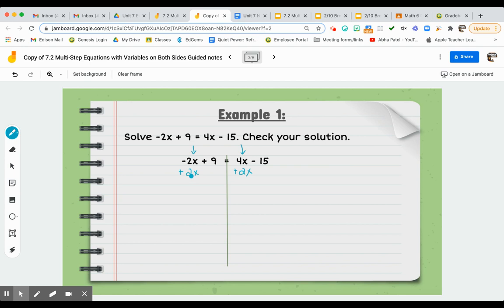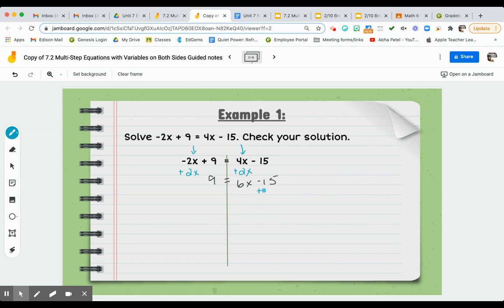That is fine if you want to keep variables on the left side, but I always like to keep things positive. I think not having negatives makes the problems less messy. So 9 is equal to 4x plus 2x, which is 6x, minus 15. And now this turns into problems that you have seen before. You want to get the constants on one side and keep the variable term on the other side.